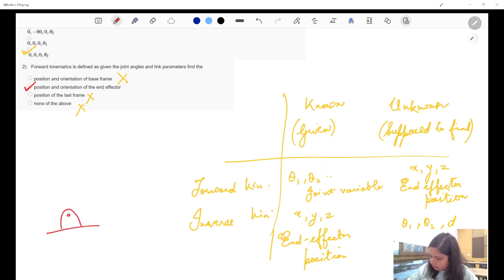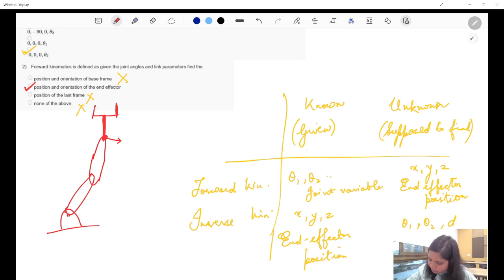So let's say I have this robot, and I consider this to be my end effector position. If I have something attached to it, and this is not a revolute joint, this is not a prismatic joint, it is just a fixed attachment from here.